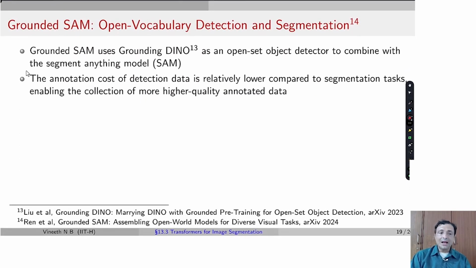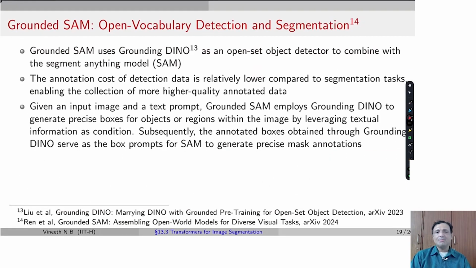We know that the annotation cost of detection is significantly lesser than segmentation because we only need rectangular bounding boxes, not very specific masks. Grounded SAM tries to employ this approach where it uses Grounding DINO to get bounding boxes, and those bounding boxes are then fed into SAM to generate precise mask annotations.